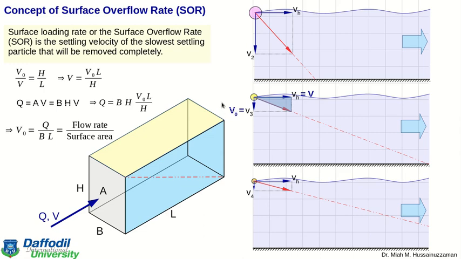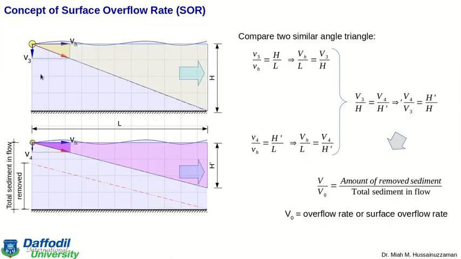So how do we use it to determine how much of this particle will be removed? Let us see. Here is a particle which has a settling velocity slower than the surface overflow rate. How do we compare?